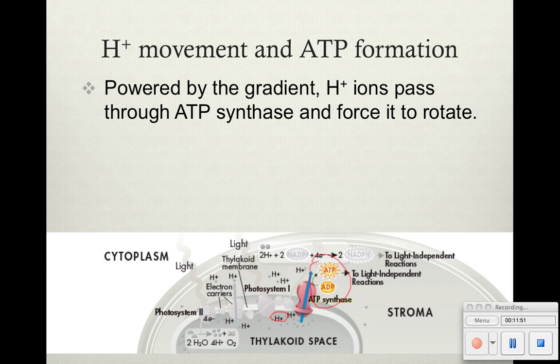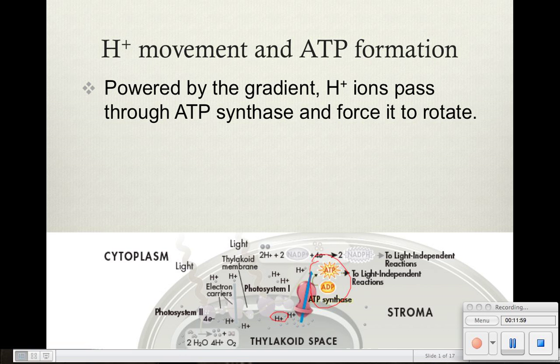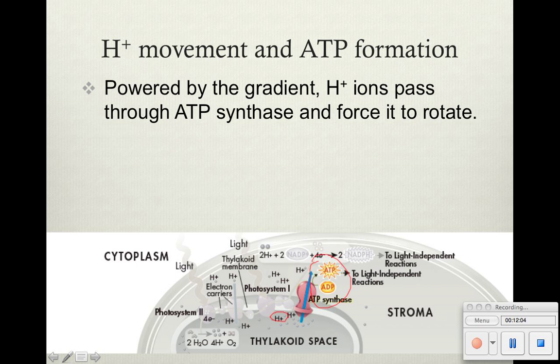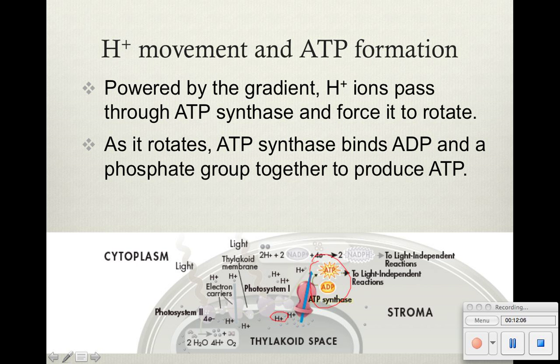It spins, and that spinning motion brings us that ATP. Okay, so as it rotates, basically what's happening is that ATP synthase is going to bind to ADP, right? We get that phosphate group that gets back together and produces our ATP.